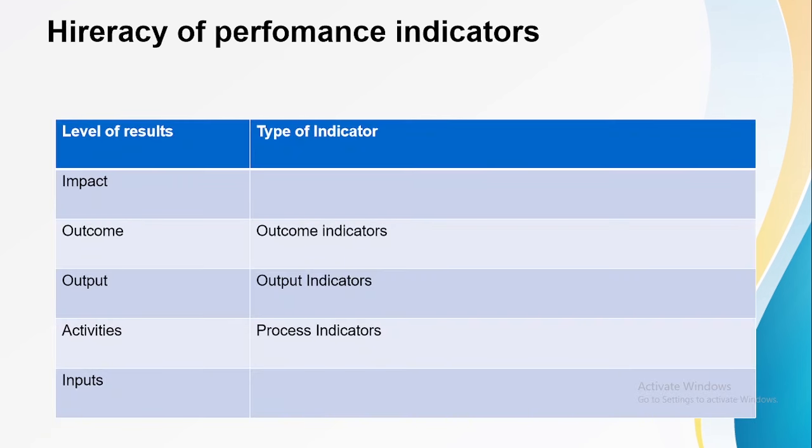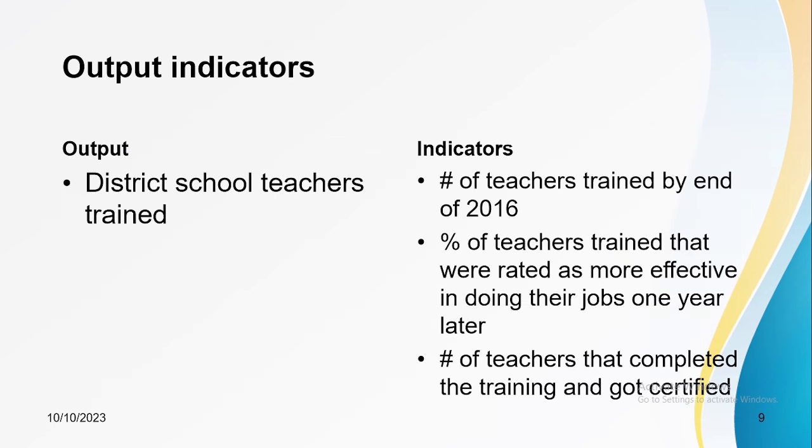So looking at the hierarchy of results, we have three types of performance indicators: the outcome indicators, the output indicators, and the process indicators. Previously, we have been looking at the outcome indicators. Now we're looking at output. Our output is district school teachers trained. So our indicator will be the number of teachers trained by the end of 2016.